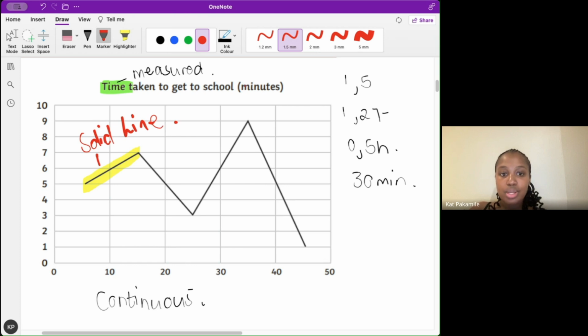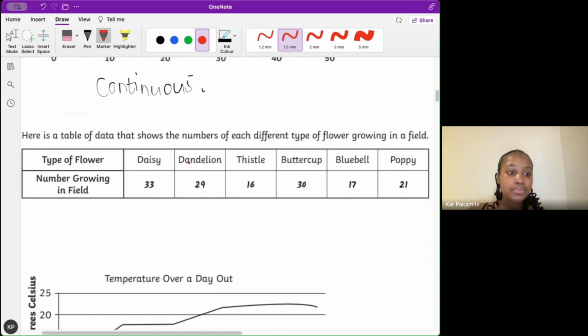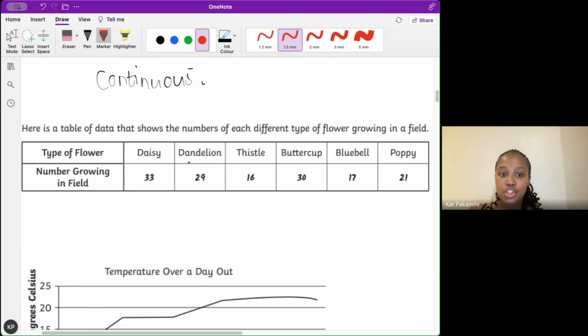And the second clue is my type of data, which is minutes. You can have 2,5 minutes. It's possible. You can have 2,743 minutes. Okay, let's look at the second example. Here's a table of data that shows the number of flowers in a field. Number of each flower. Is this measured or counted?